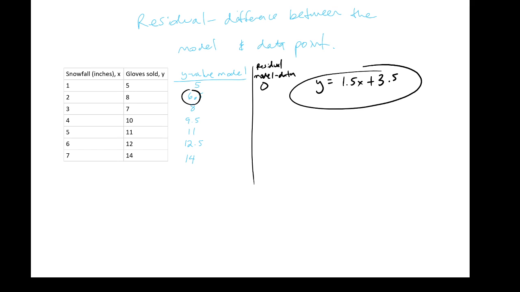Next, we have 6.5 minus 8, which is negative 1.5. Next, we have 8 minus 7, which is 1. Then we have 9.5 minus 10, which is negative 0.5. 11 minus 11, which is 0. 12.5 minus 12, which is positive 0.5. Then 14 minus 14, which is 0.